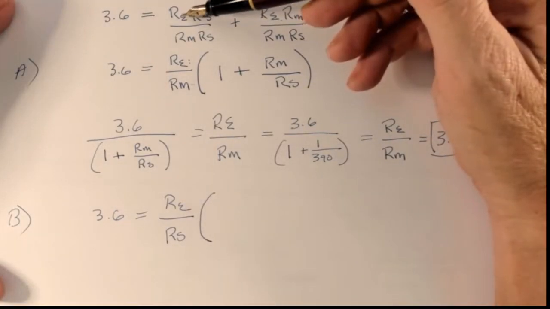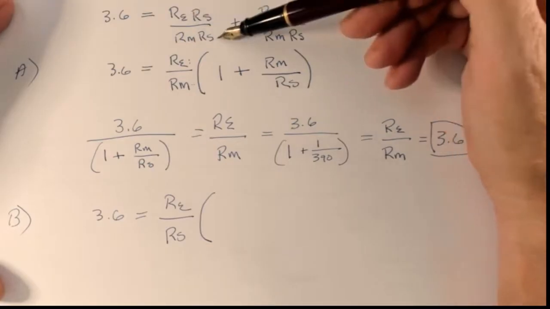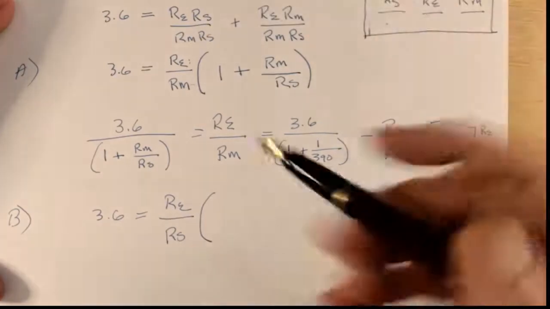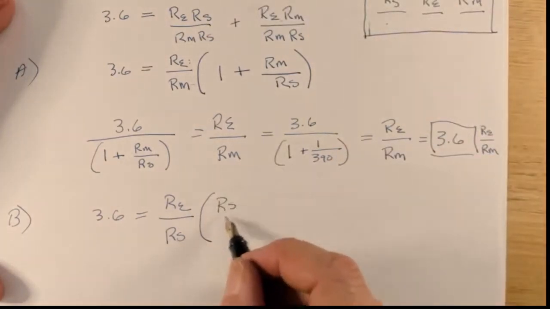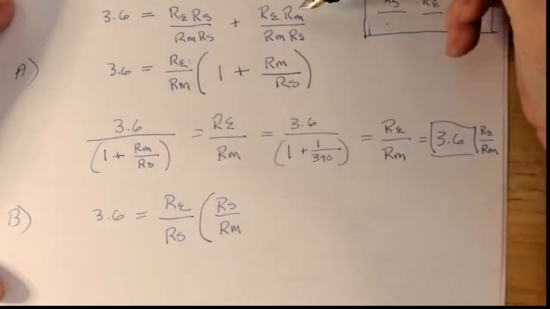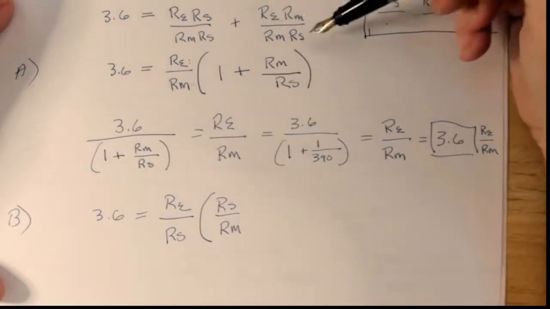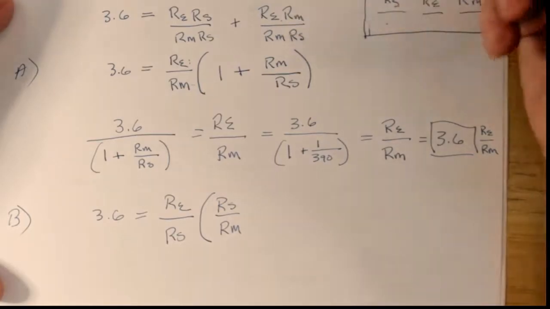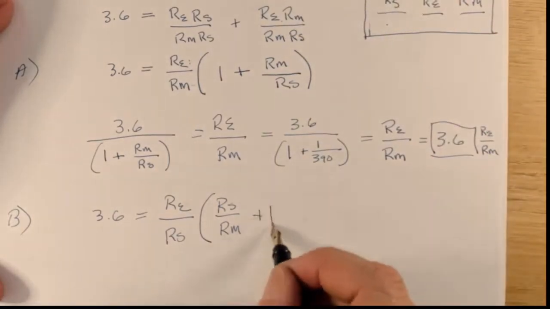We've got the radius of the Earth pulled out here, and we have the radius of the Sun pulled out here, and that leaves the radius of the Sun over the radius of the Moon. Now on the other side, we've pulled out the radius of the Earth and the radius of the Sun. That just leaves the radius of the Moon over the radius of the Moon, which is 1.